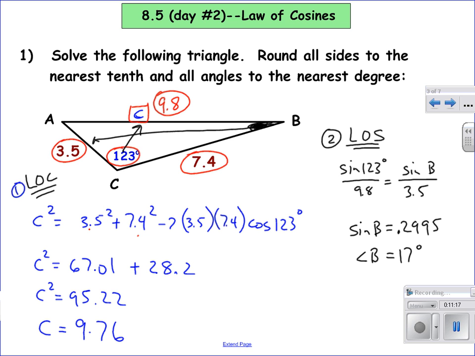So we keep practicing that, okay? Set this up. We cross multiply, so sine of 123 times 3.5. And then we divide by the 9.8, just like yesterday, and I get the sine of B is 0.2995. You want to take those to 4 places.